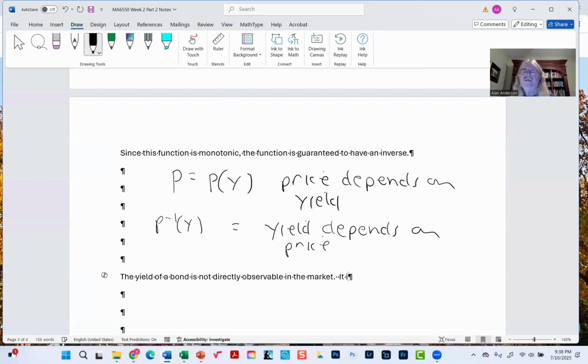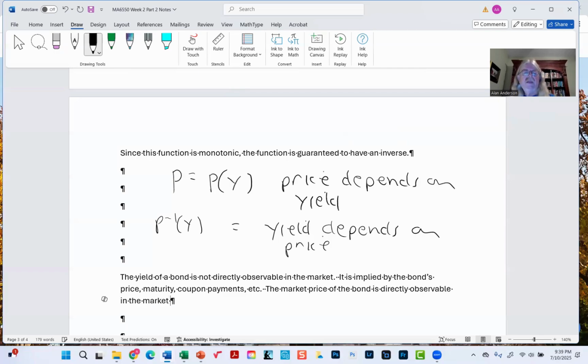It is implied by the bond's price, maturity, coupon payments, etc. In other words, all the features of a bond combine to tell us the yield of that bond, but it is implied by the other variables. The market price of the bond is directly observable in the marketplace and is a result of supply and demand.